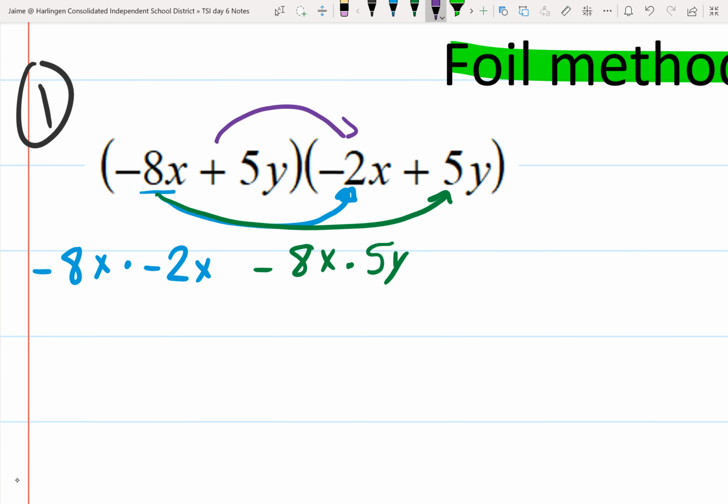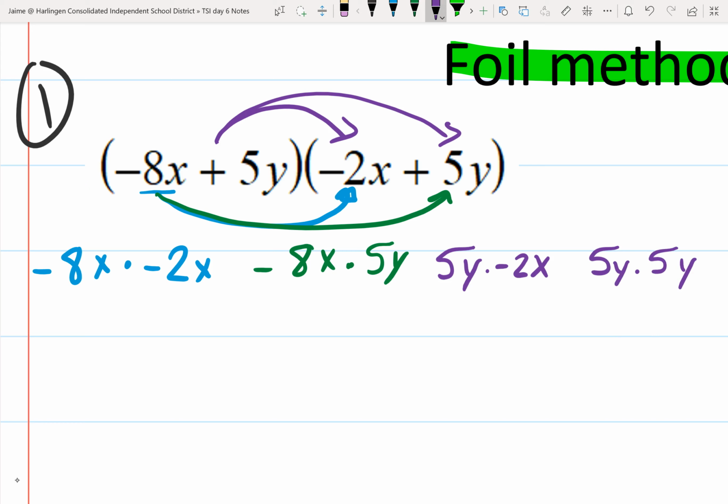Then it's 5y times a negative 2x. And then 5y times 5y.